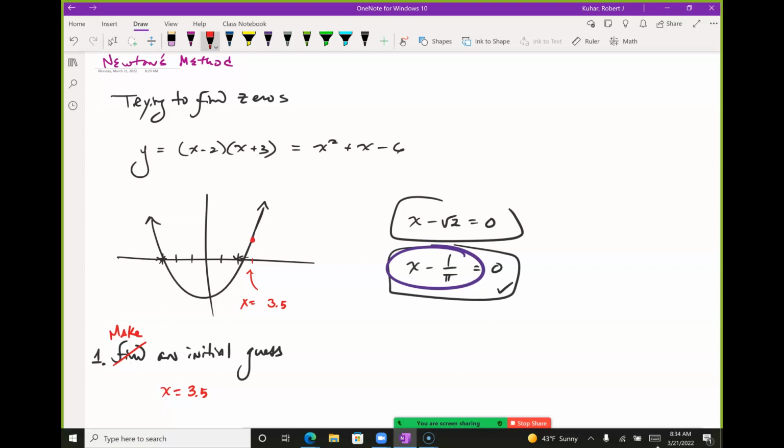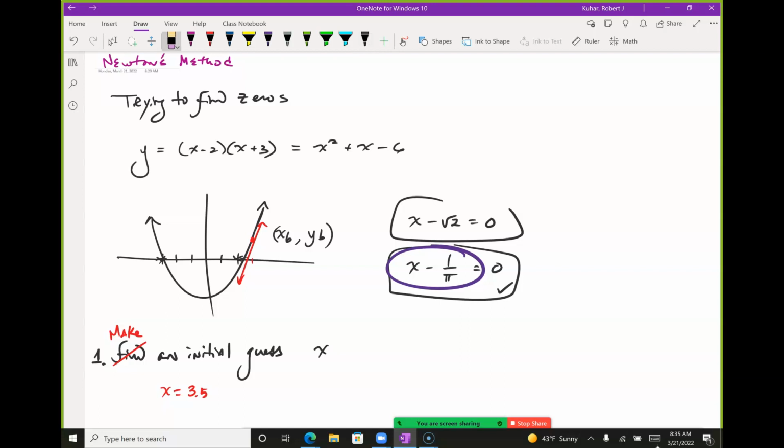So what I do is up here, I draw my tangent line, right? And we know how to get a tangent line. We take a derivative, we use points, we get the tangent line. But then look at where the tangent line hits the x-axis again. So this was my initial guess, I'll say x sub b, and I got a y sub b.